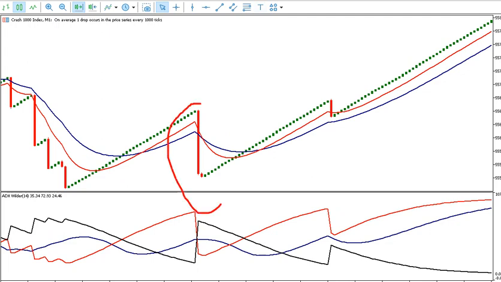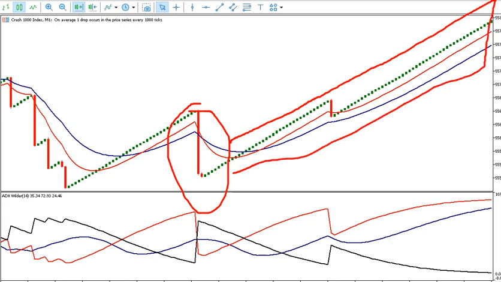Somebody who entered into this place expecting the spike to drop down, you see that it took place from here down to this place, giving that person a huge problem.